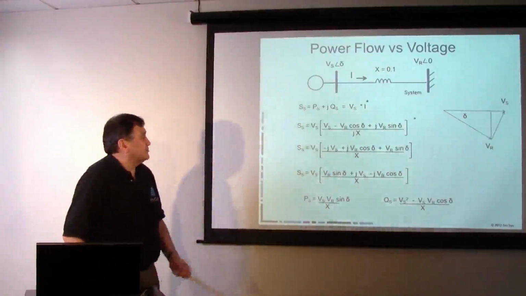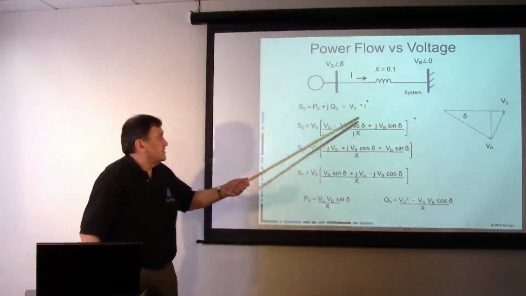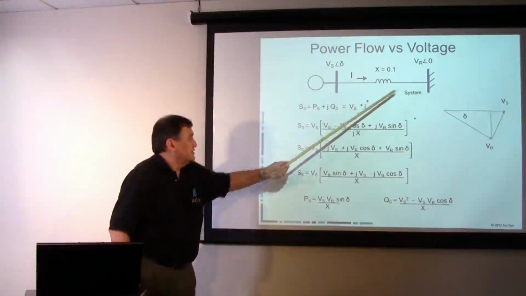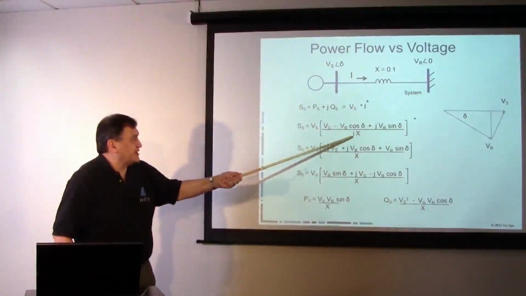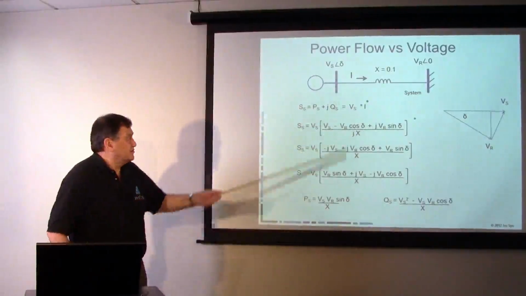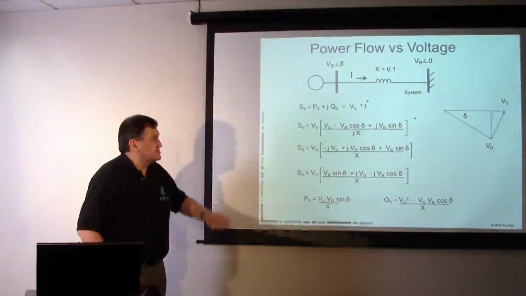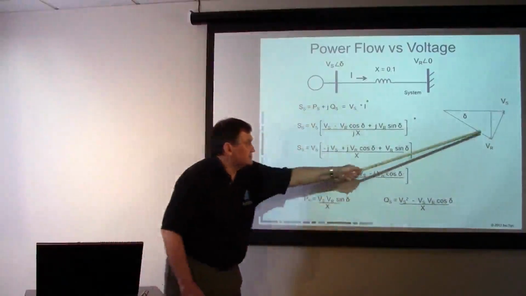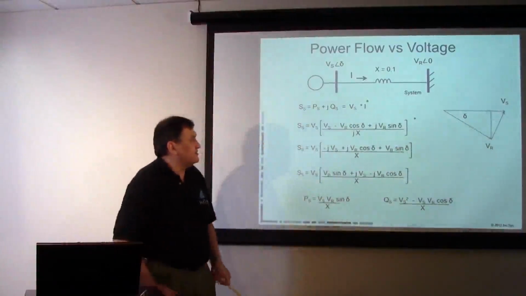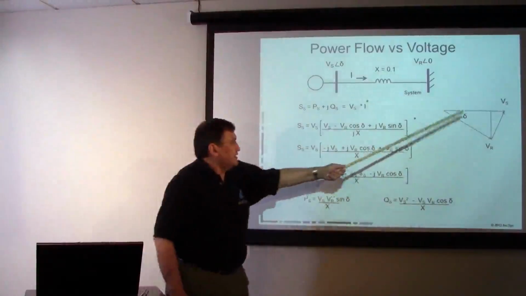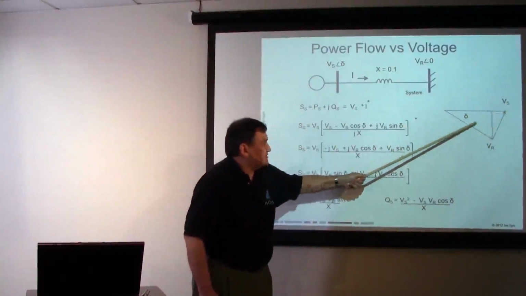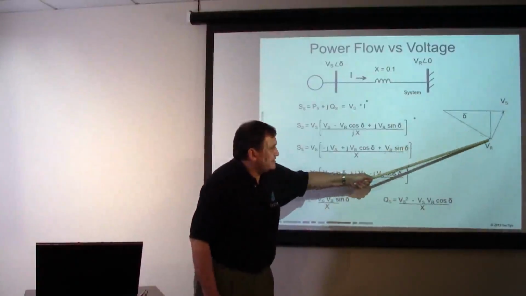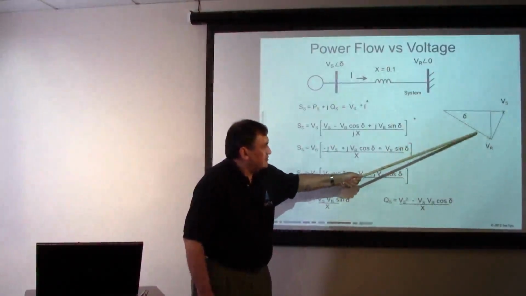And so basically what we're saying is that the current in this line is this value here divided by J times the reactance of impedance. We're basically taking the current and saying it's the voltage difference, and this voltage difference here, if you'll just bear with me, is the source voltage magnitude minus this vector here times cosine of the angle.